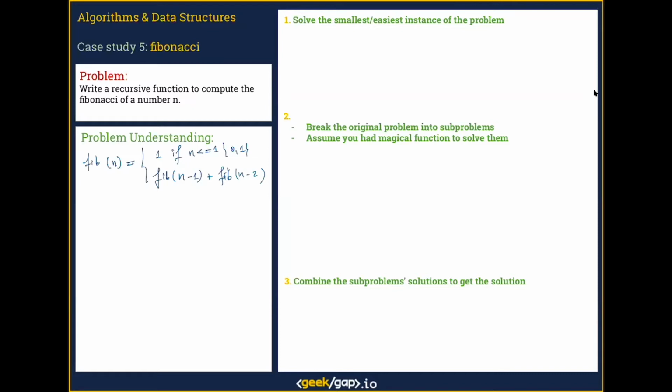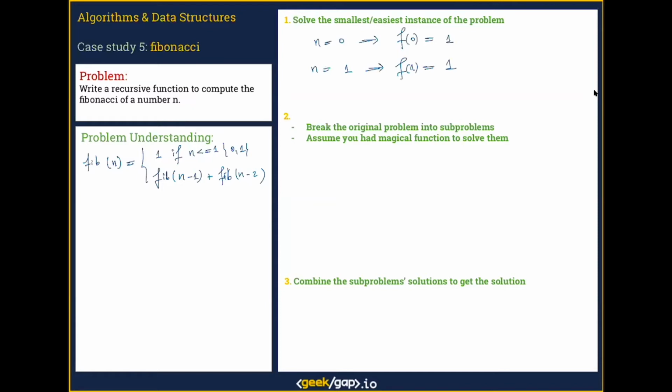The base cases are even given to us. The base cases are simple: n equals 0, you return fib of 0 equals... Oh no, sorry.